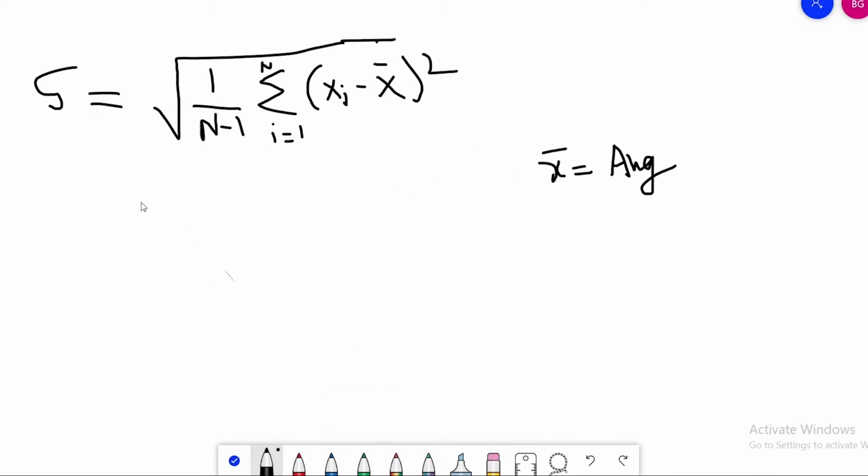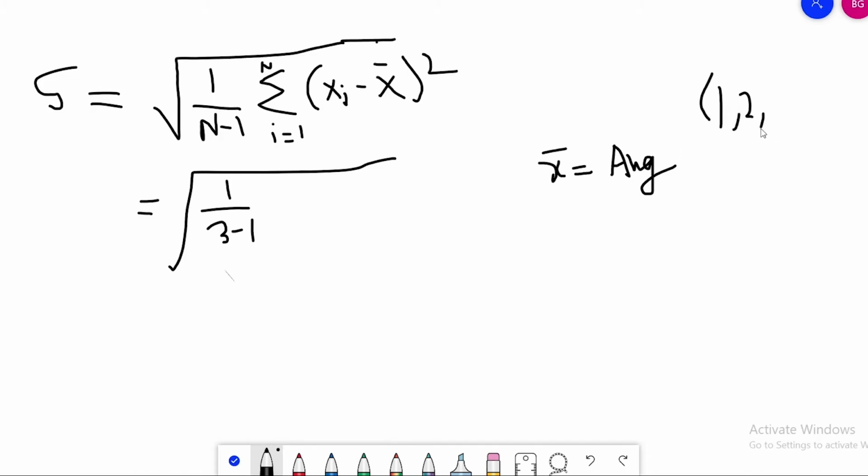So when we take the root of 1 by n minus 1, our n is 3, so n minus 1 is 2. Let's start with xi minus x bar. We take the first number, 1 minus 2, which is minus 1, the whole square. Then we have 2 minus 2, which is 0.